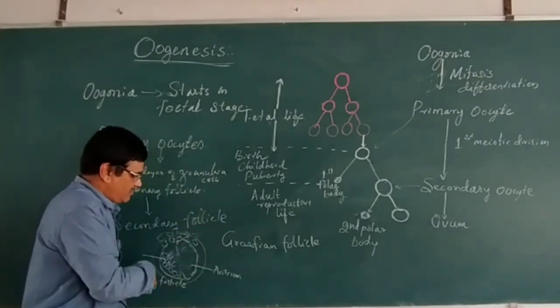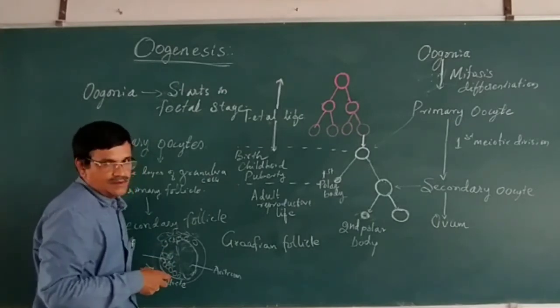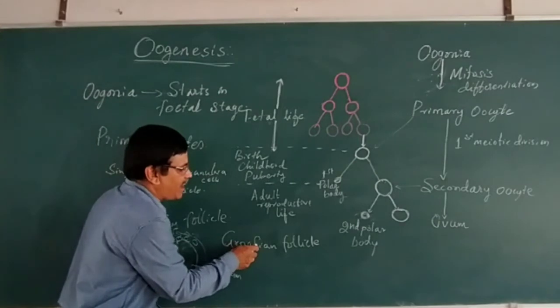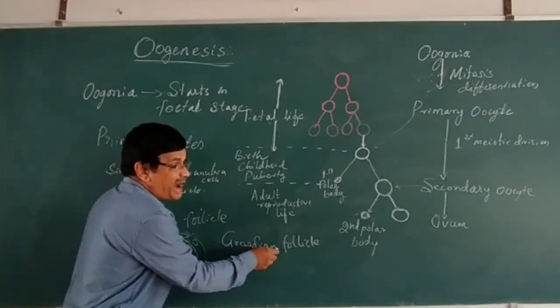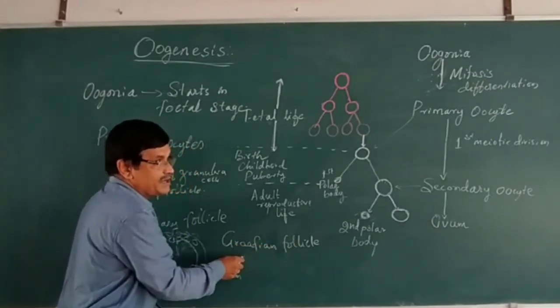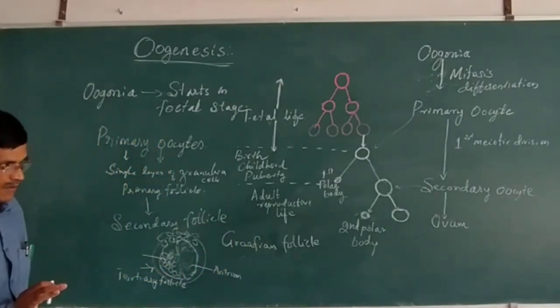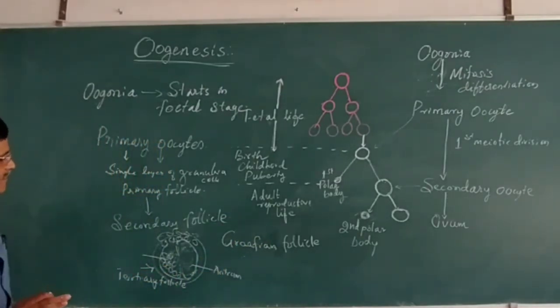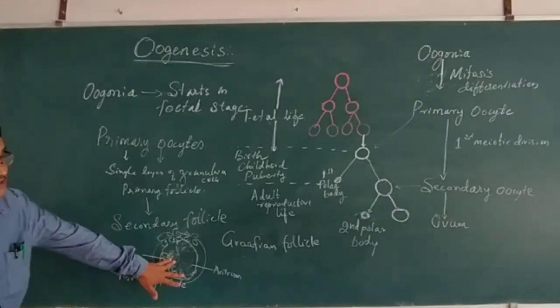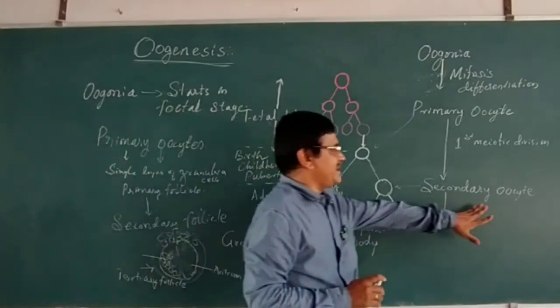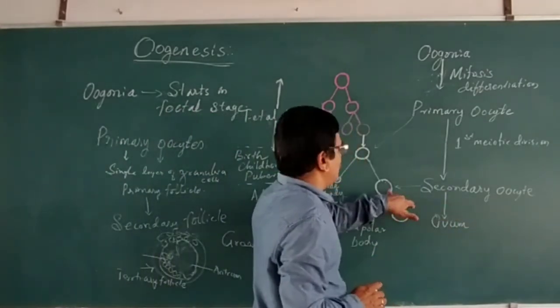So these are also formed. Such a follicle is said to be a Graafian follicle, or mature follicle, a fully matured follicle. The oocyte present inside the Graafian follicle is the secondary oocyte.